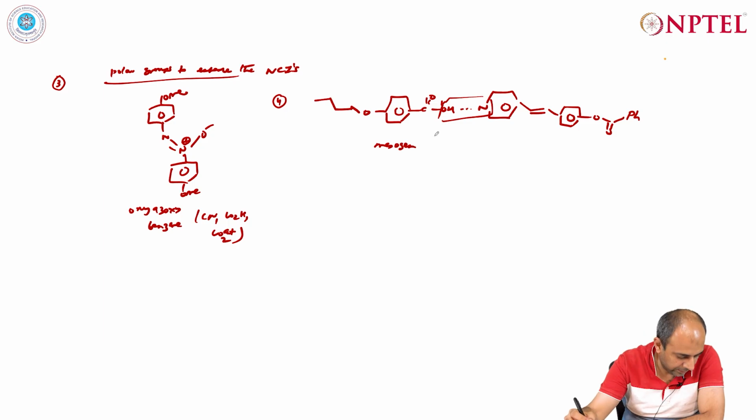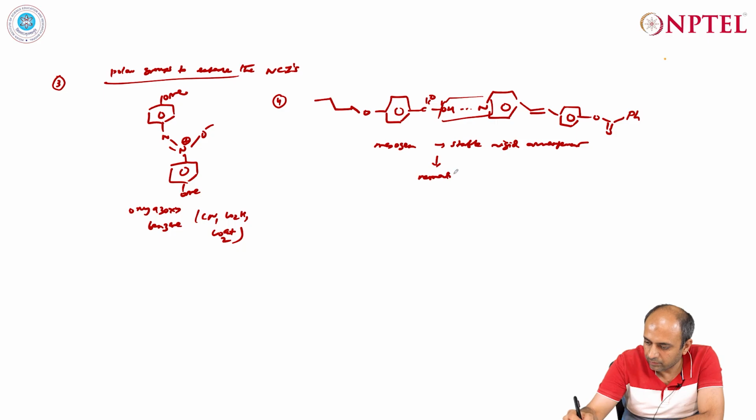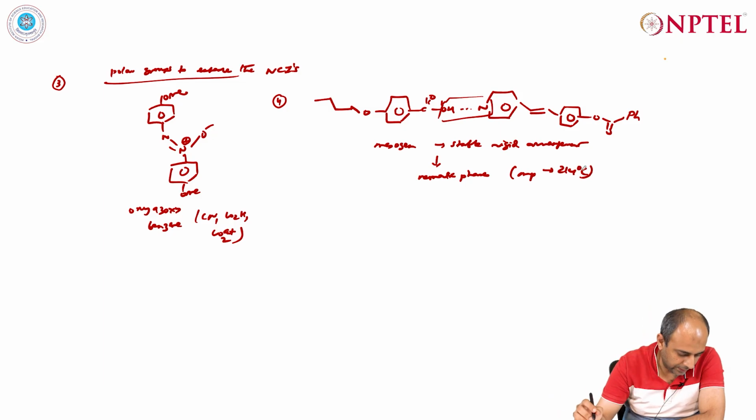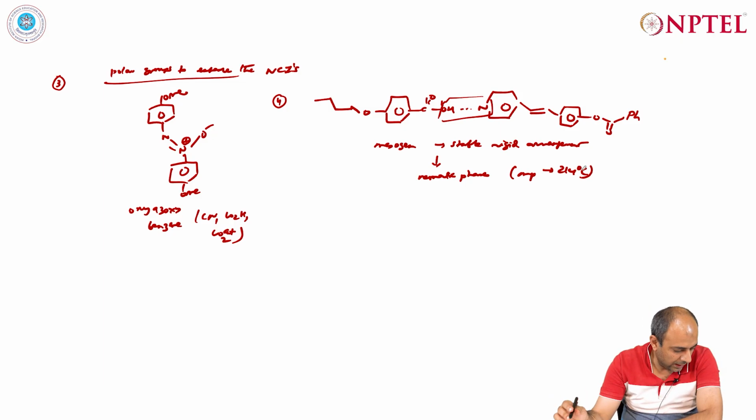This is a mesogen, and a strong hydrogen bonding which forms a stable rigid arrangement, and it leads to the formation of nematic phases. The melting point is 214 degrees centigrade.